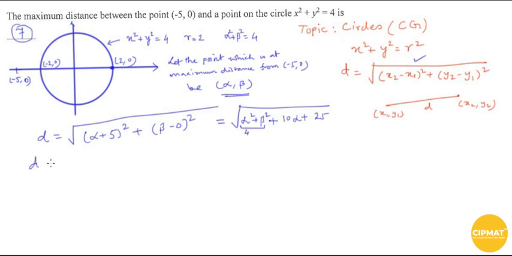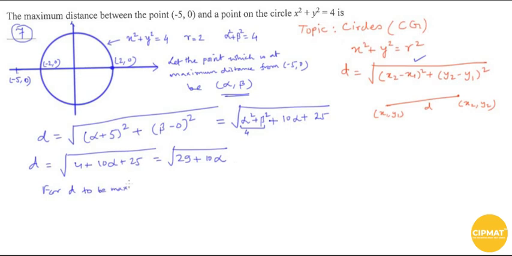So this distance should be the square root of 4 + 10 alpha + 25, that is 29 + 10 alpha. Now for D to be maximum, I want alpha to be maximum too.